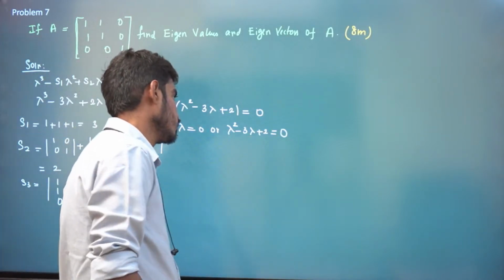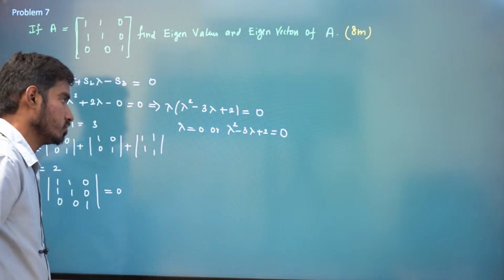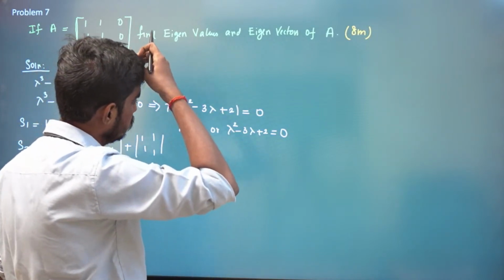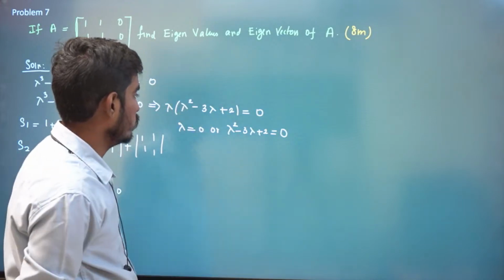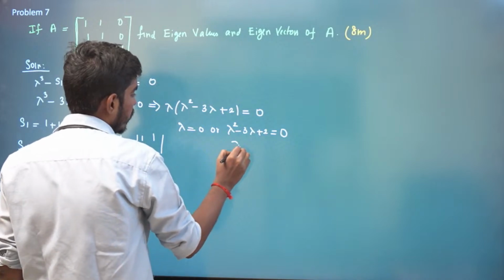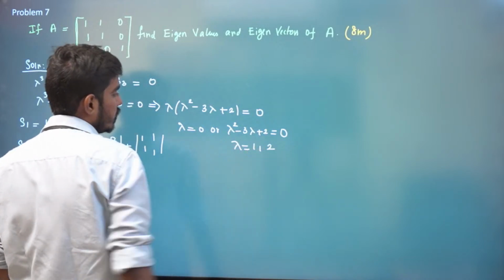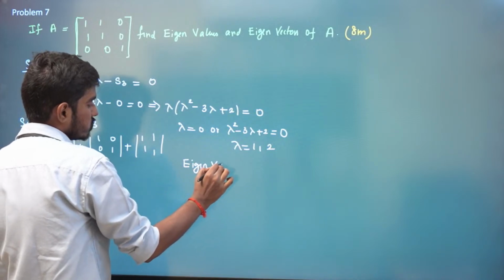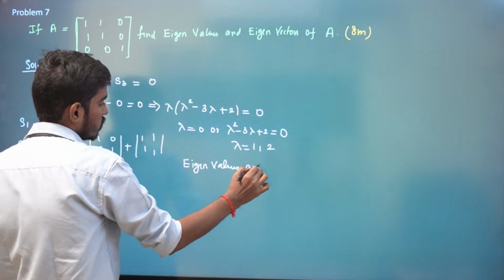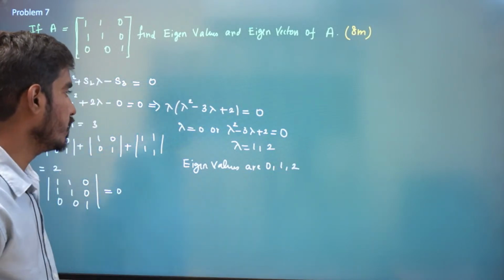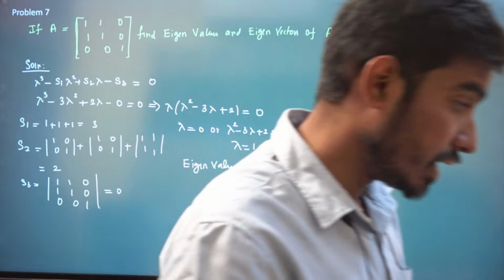What are the roots? Solving this, 1 and 2 are the roots, right? So lambda is equal to 1 and 2. Therefore the eigenvalues are 0, 1, 2.